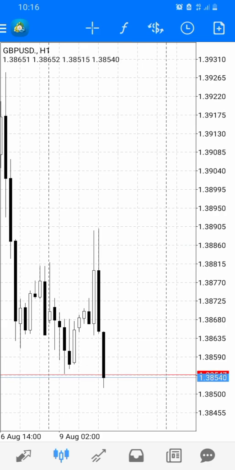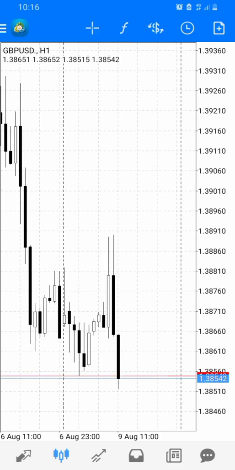So now the graph here, the first thing that you have to understand is time. The time is, for example, as you can see here, with GBP USD on top, and then they have H1. H1 represents 1 hour. H4 represents 4 hours. H3 represents 3 hours.